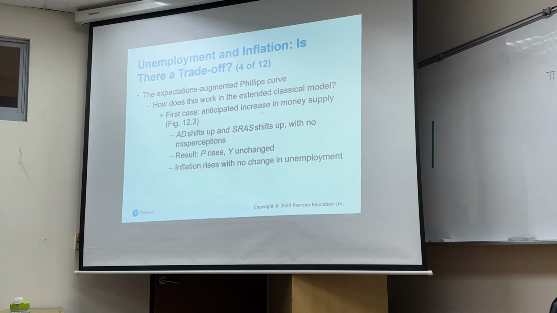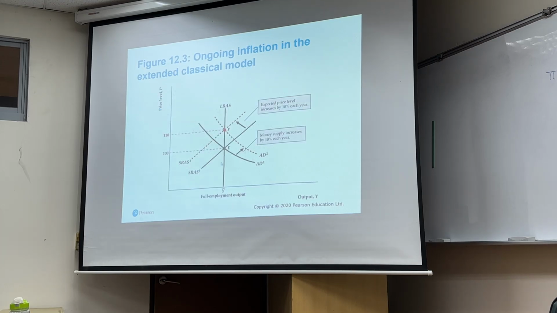An increase in money supply will shift the aggregate demand curve, and the short run aggregate supply curve will also shift. Aggregate demand increases, aggregate supply changes, and in this case the price is going to go up, but production level does not change. So in this case, inflation rises with no changes in unemployment. Basically it is like that.